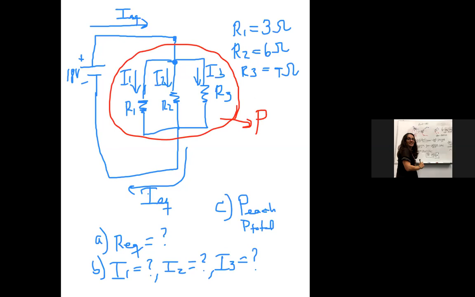Okay, so resistors in parallel add as a 1 over. So 1 over R equivalent is 1 over R1 plus 1 over R2 plus 1 over R3, and you can keep doing that for however many resistors you have.